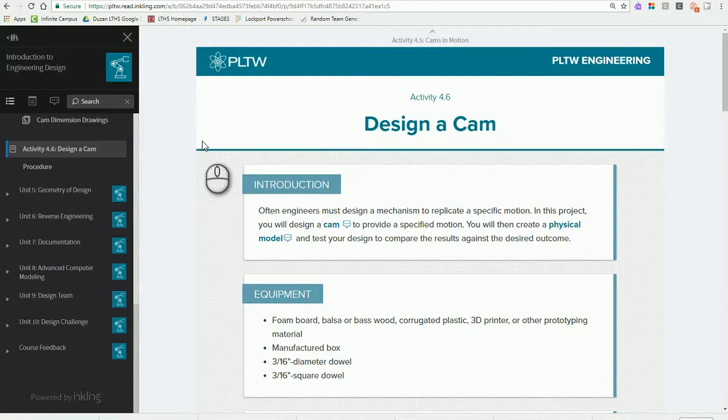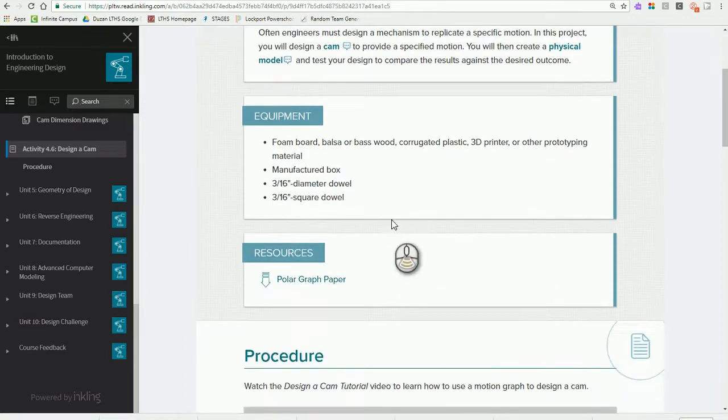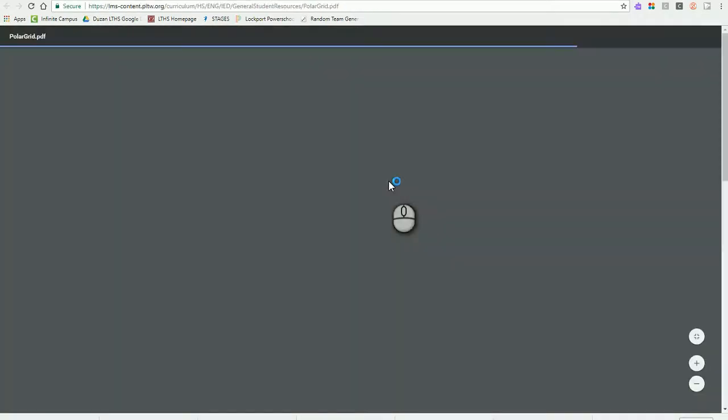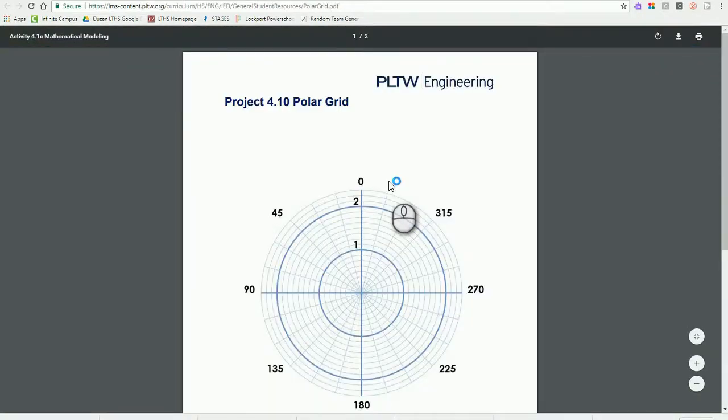When we take a look at 4.6, a couple things that they're going to be pulling out here is that they do give you a polar graph paper. It's a PDF download. So if we were to click on that, this is the PDF that you're going to see. Yes, are there mistakes according to our math classes? Yes. 0 is showing straight up, and normally 0 is straight over to the right, at least in the CAD world.